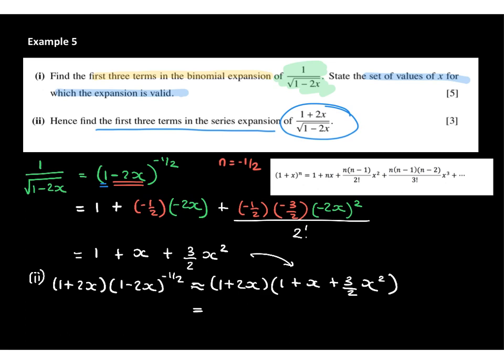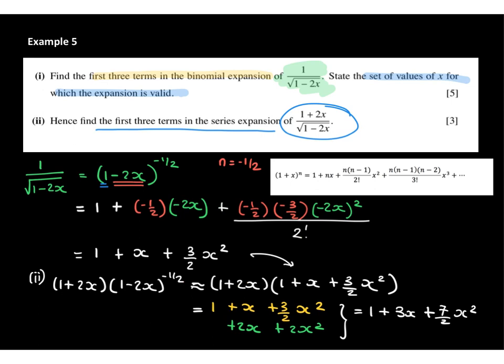And let's do that. So we get (1 plus x plus 3 over 2 x squared) plus 2x plus 2x squared, and that's as far as we need to go. Simplifying this term by term, we get 1 plus 3x plus 7 over 2 x squared.